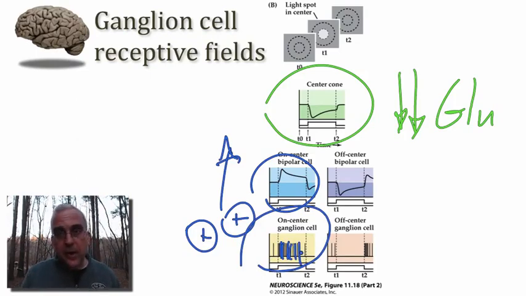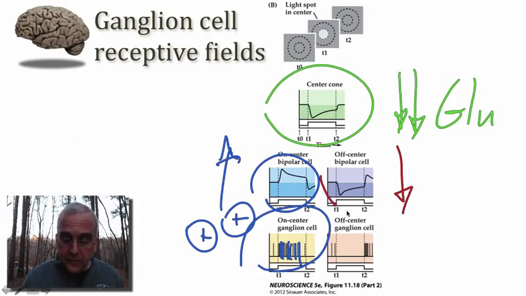Now let's think about what happens to the off-center bipolar cell. So when there's less glutamate being released, that means that there's going to be less glutamate to interact with the AMPA receptor, and that's going to lead to the hyperpolarization of this off bipolar cell.